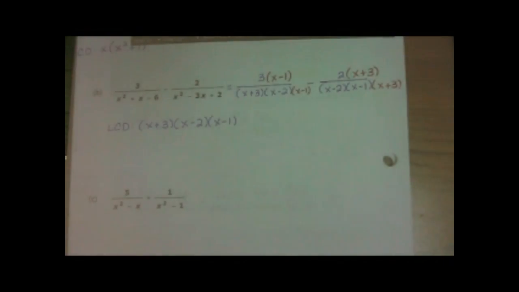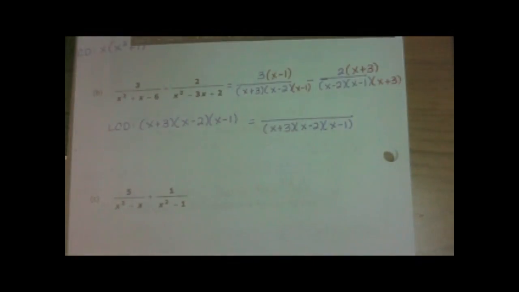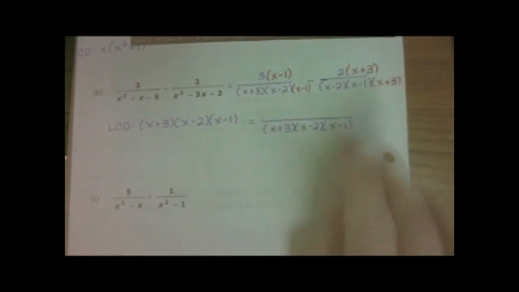All right, my next step is to do my subtraction. And my answer is going to have the LCD, which is, and it doesn't matter what order you put them in, x plus 3, x minus 2, x minus 1, all 3 of those factors. Now my numerator, here's what you've got to remember. You need to distribute your way across, all right?